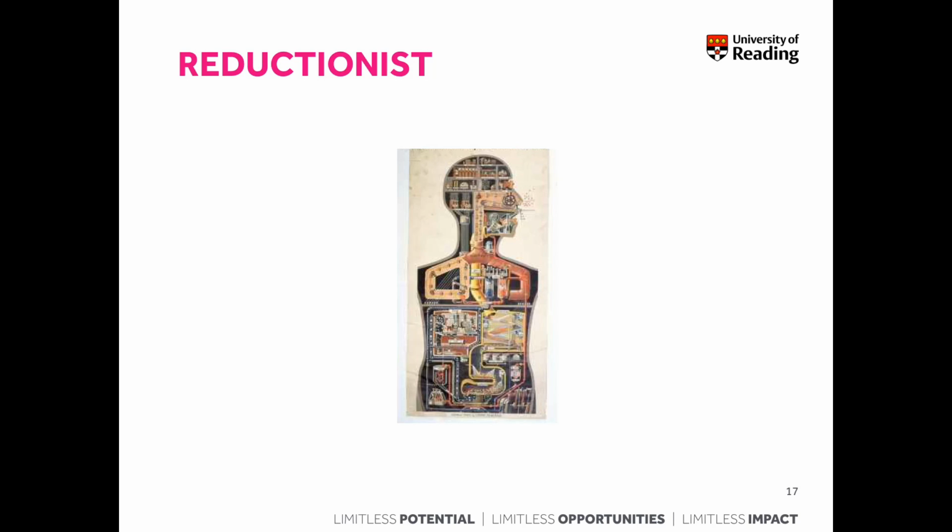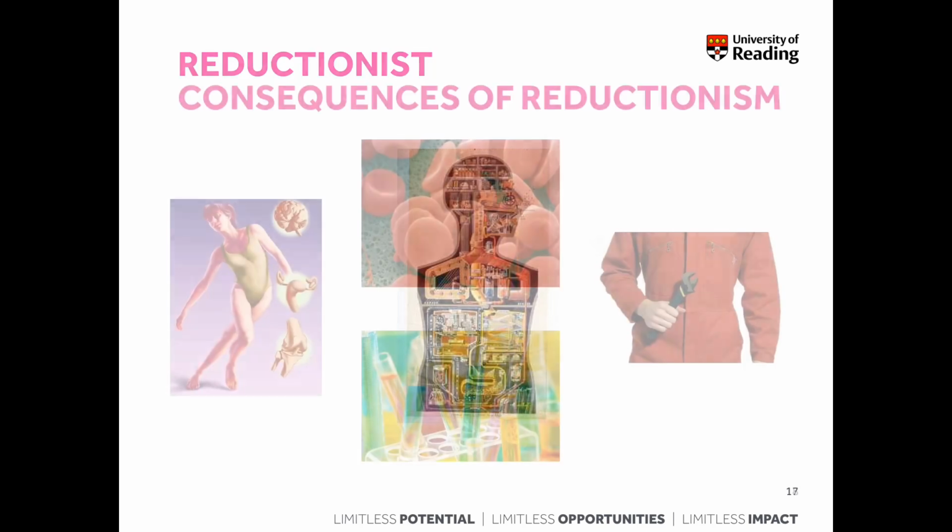A key term for you, therefore, is reductionism, the practice of analysing and describing a complex phenomenon in terms of its simple or fundamental constituents, especially when this is said to provide a sufficient explanation.